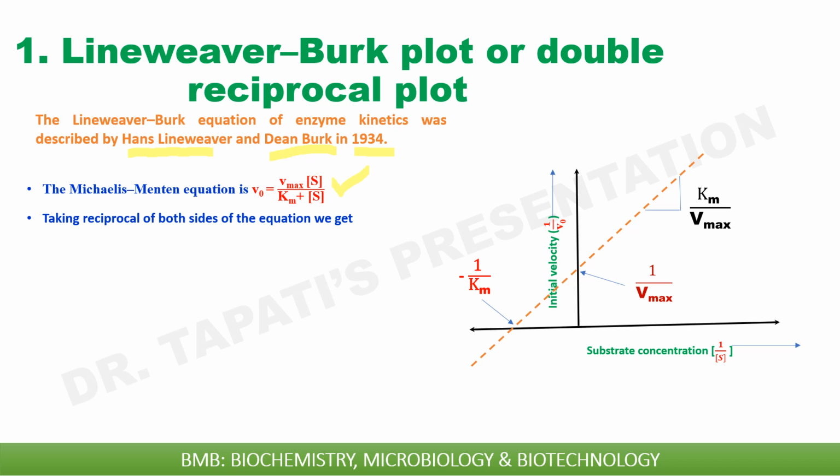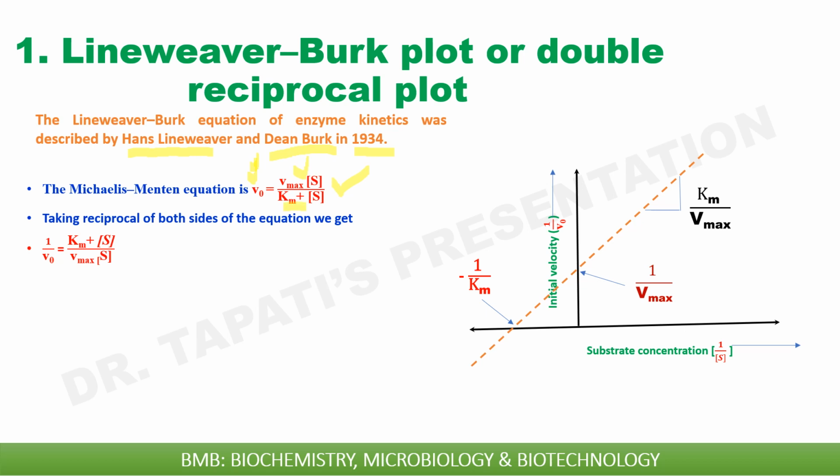If you take the reciprocal of both sides, left side as well as right side, we will get 1 by V0 equal to Km plus S.